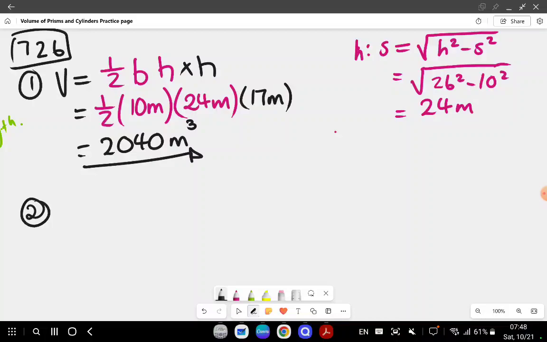Question number 2. Again, a triangular prism. Volume is equal to a half base times perpendicular height times the height of the prism, which is equal to a half. Now, the base of this triangle is 5 inches, but I don't have the height.